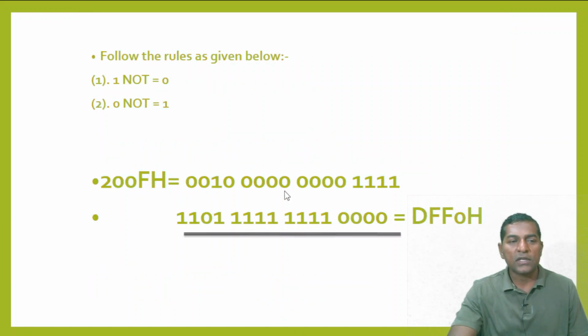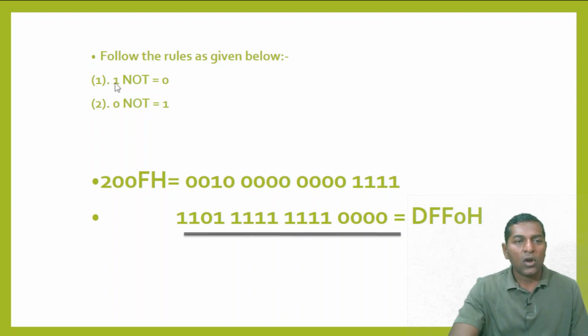We will see how the result can be evaluated. The NOT operation rules are: if we have 1 and we apply a NOT operation, it will convert it into 0, and if we have binary 0, then that will convert into 1. With respect to that, the contents 200F will be complemented, giving the result DFF0H.